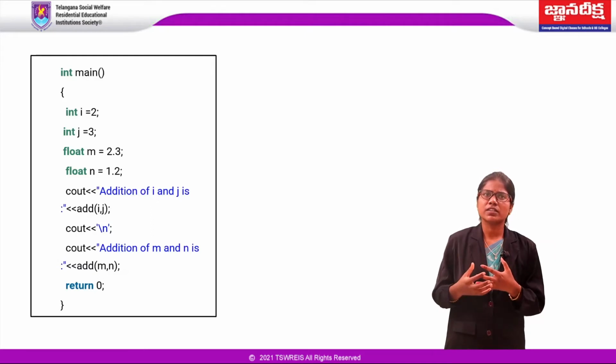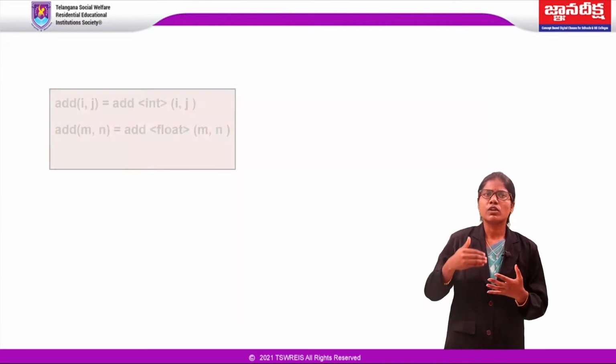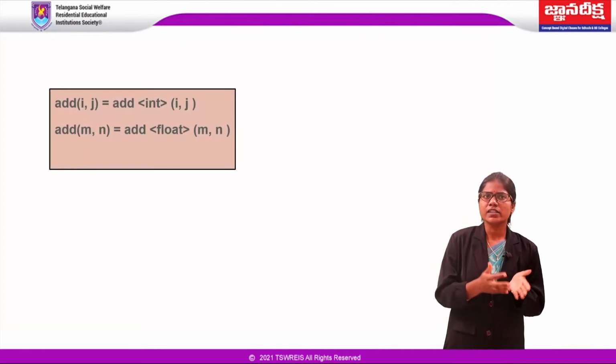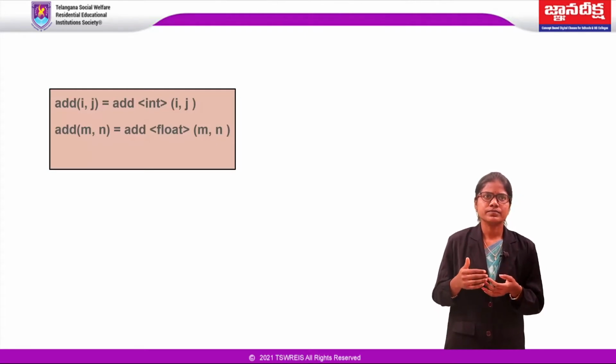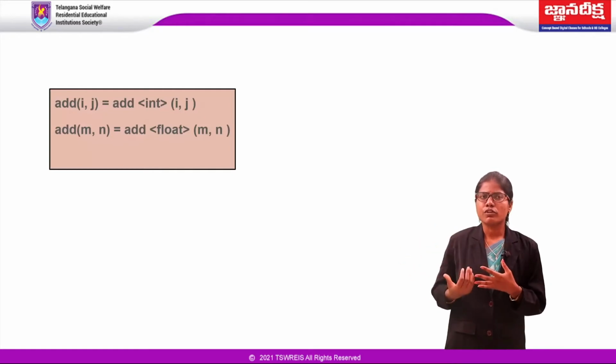When we call add(i, j), then the compiler will automatically add the int data type in angular braces, which is the same for float. In this example, we have created a function template which can perform the addition operation on any type, either integer or float or double.